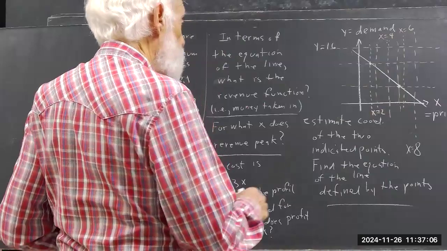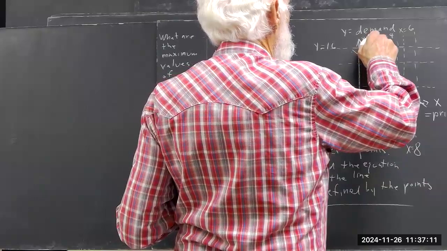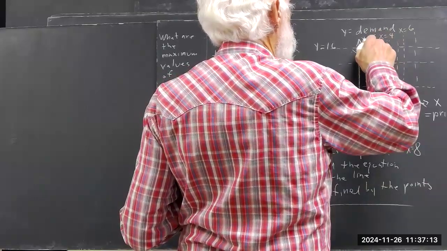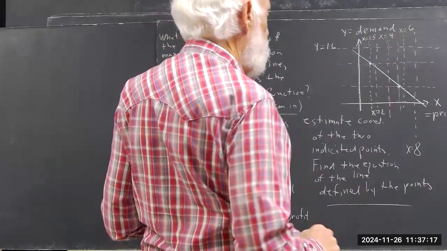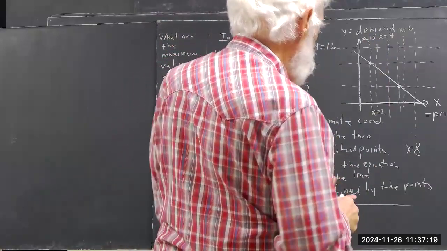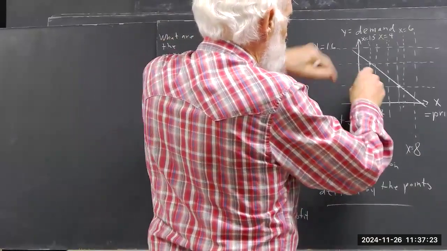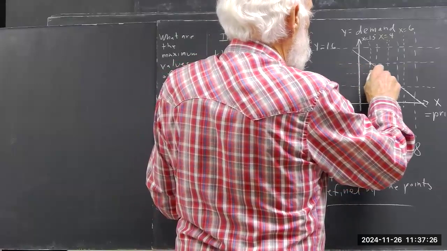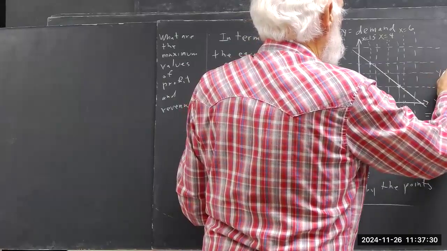Okay, so we can say this line here is x equals 1.5, that's fine. Okay, we could subdivide the y coordinates. Half of 16 gives us y equals 8.